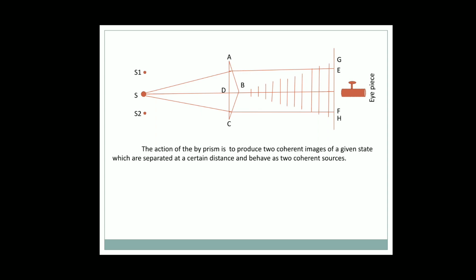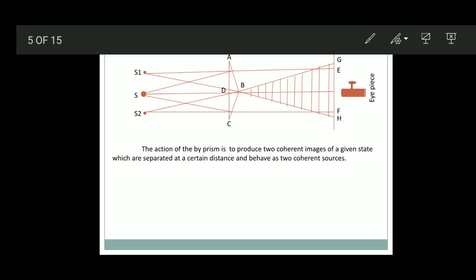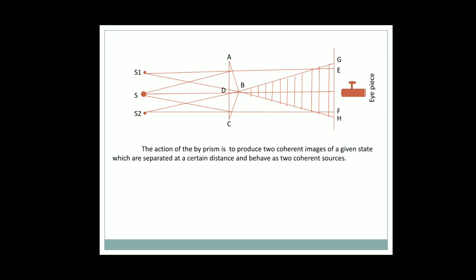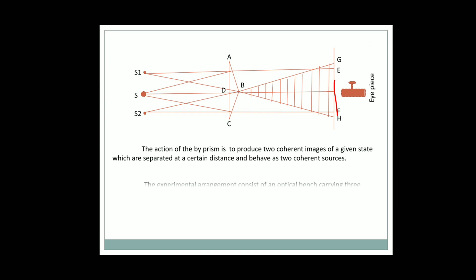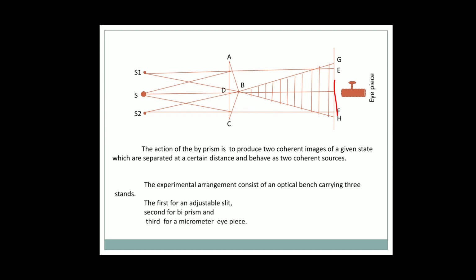The rays traveling through the upper prism ABD are deviated and move downward, that is EH, and the rays passing through the lower prism move upwards, that is GF.